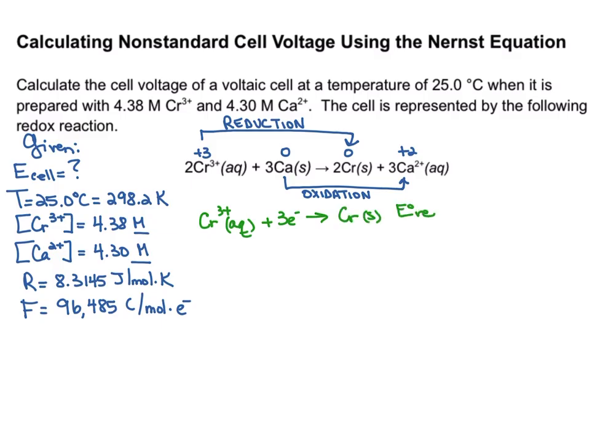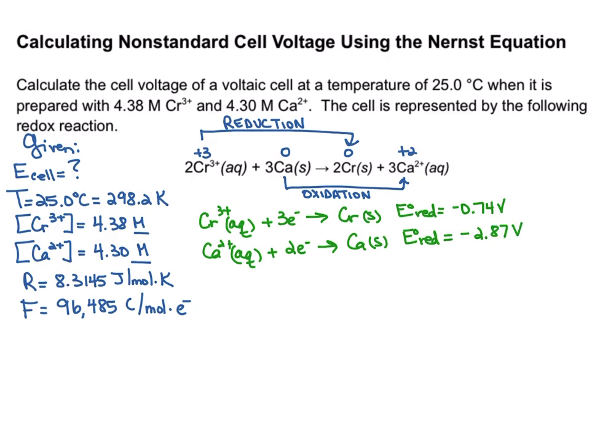And its reduction potential is negative 0.74 volts, and calcium is listed as a reduction half reaction, and its reduction potential is negative 2.87.